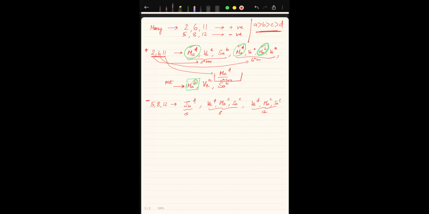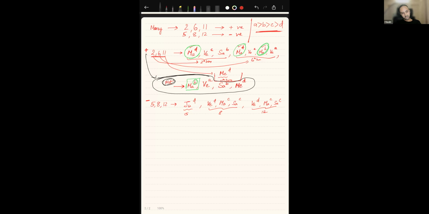B. Next, we have Mercury. Which is the highest power of Mercury? D. So these are my net positive significators. For positive, this is the net, right?